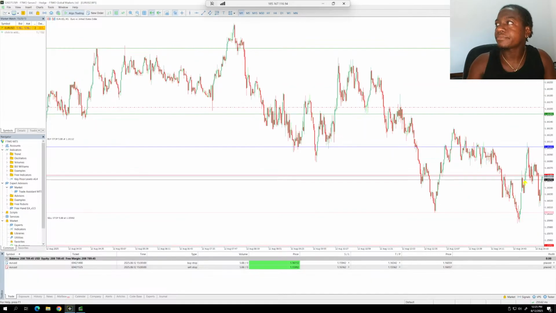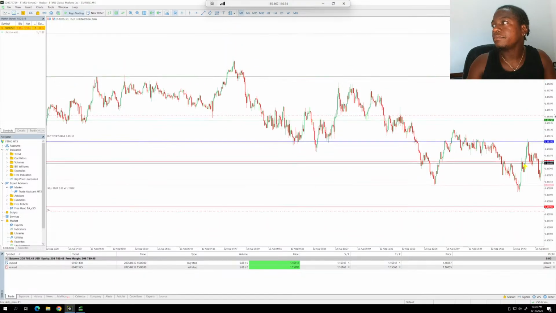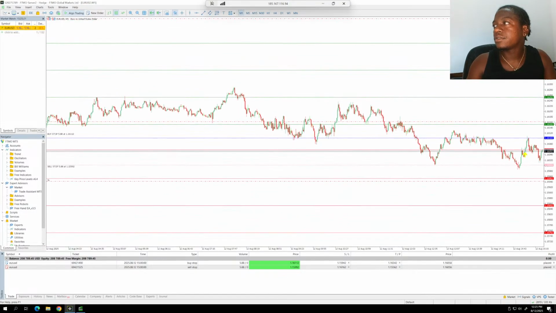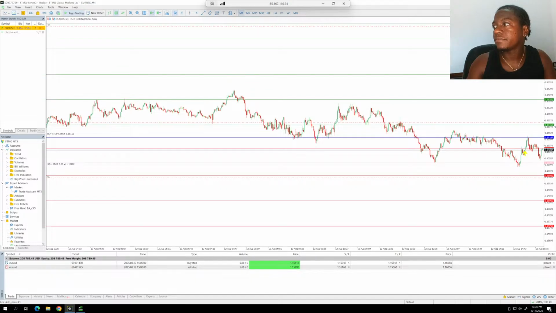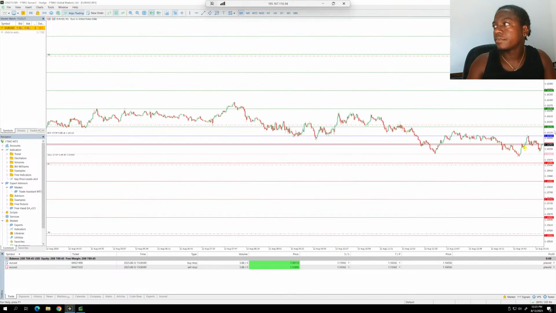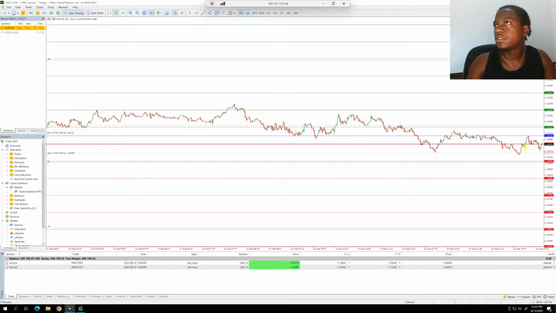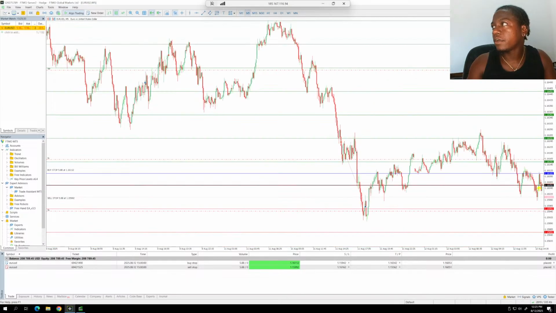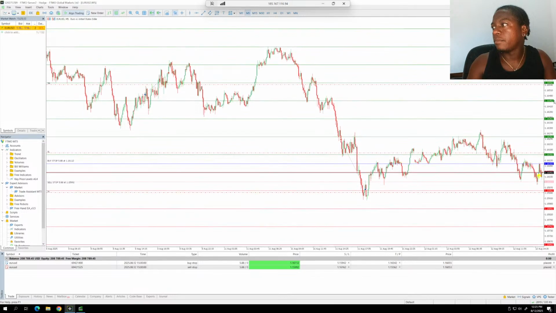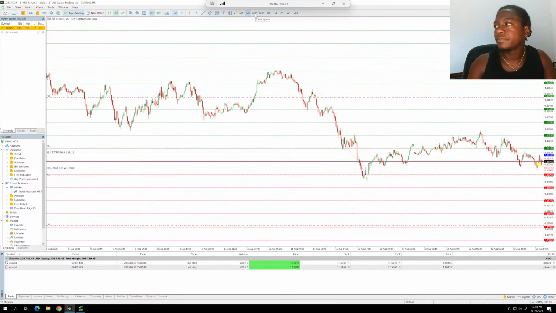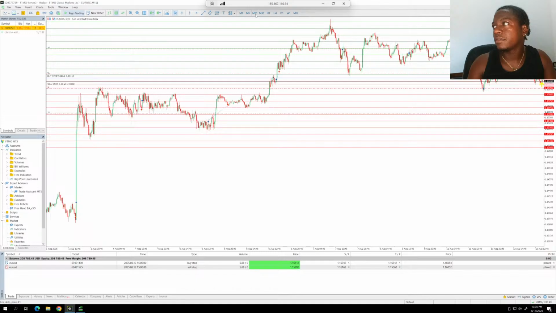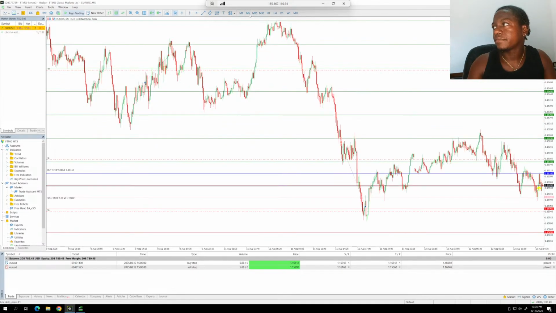I would like to zoom out so I could see what's going on. Let's see what we're gonna have here. Should I use a 5 minute chart? Yeah, 5 minute chart is better. Nope, not even better. 15 minute chart is better. I'll take the 5 minute chart.